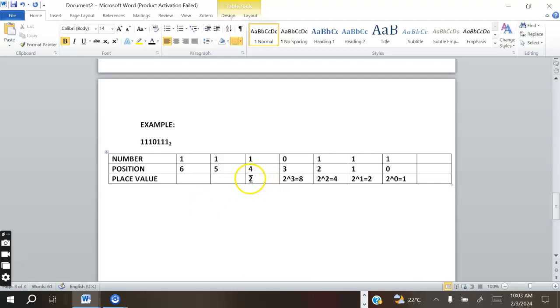And 2 raised to power 4 should give us 16.